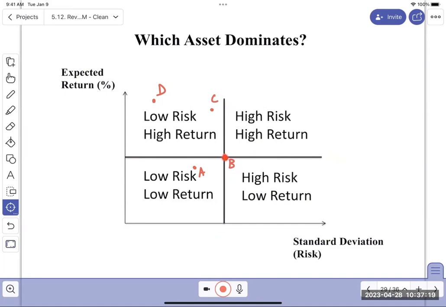Okay, so B is dominated by C and D, because C and D are up and to the left.